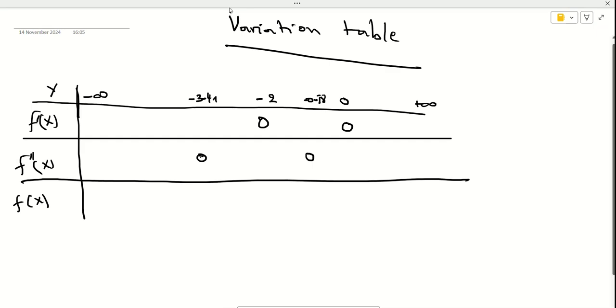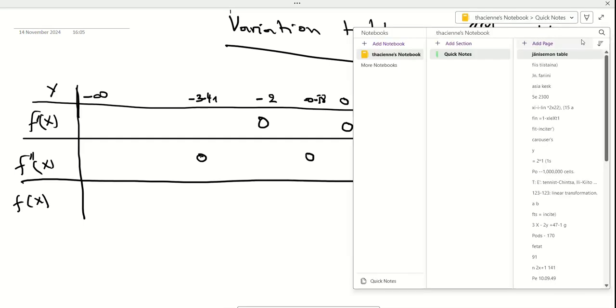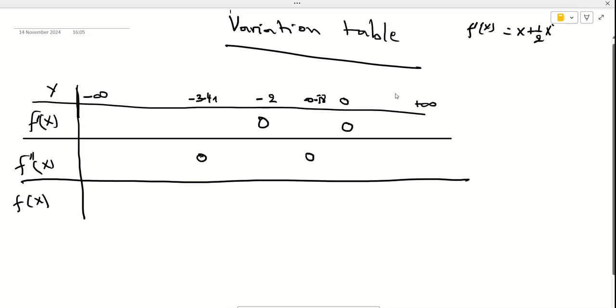Study the sign of this function at the left side and right side of each critical point. So let me write our functions up here. Do you remember the first derivative? The first derivative of f of x was x plus 1 over 2 x squared times e power x plus 1.